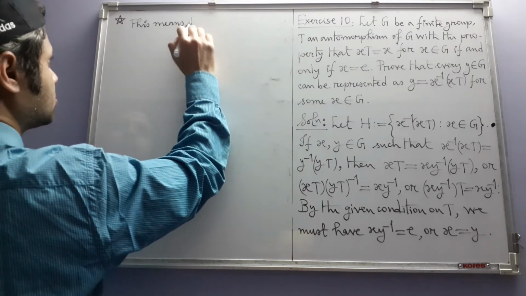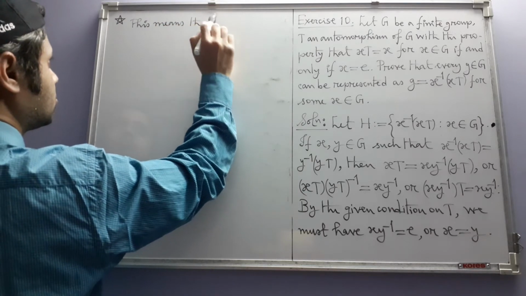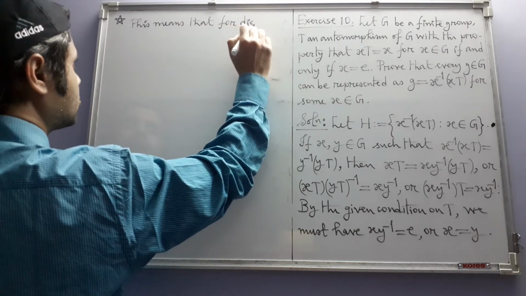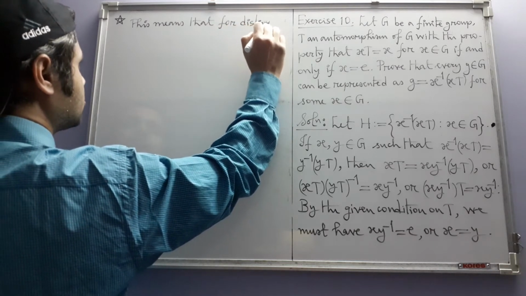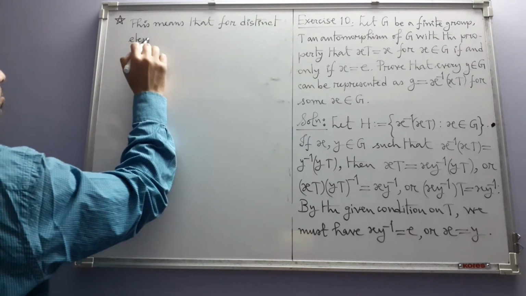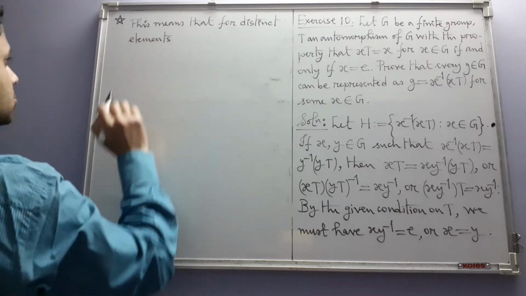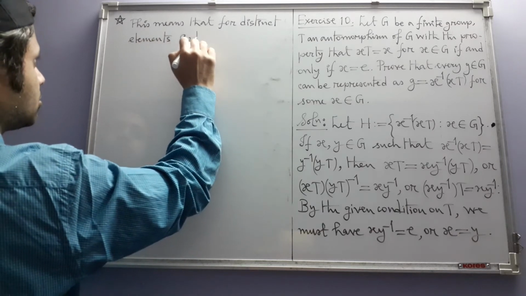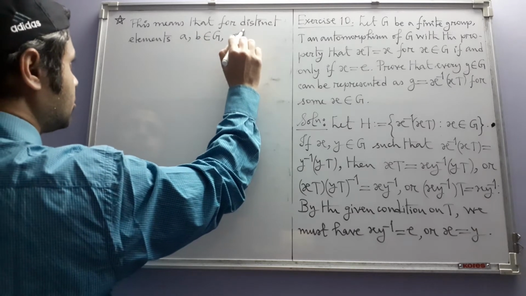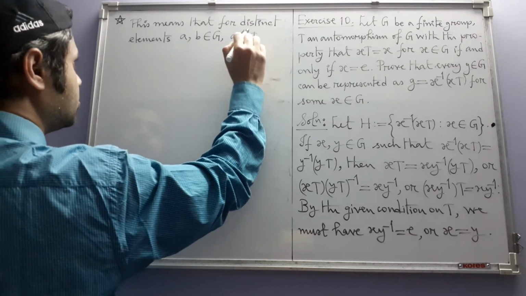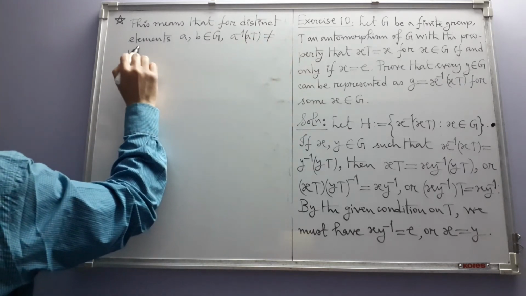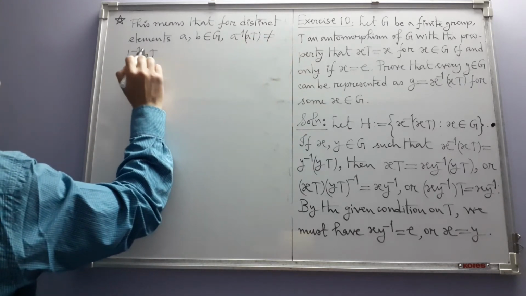This means that for distinct elements, say A and B in G, A inverse AT is not equal to B inverse BT.